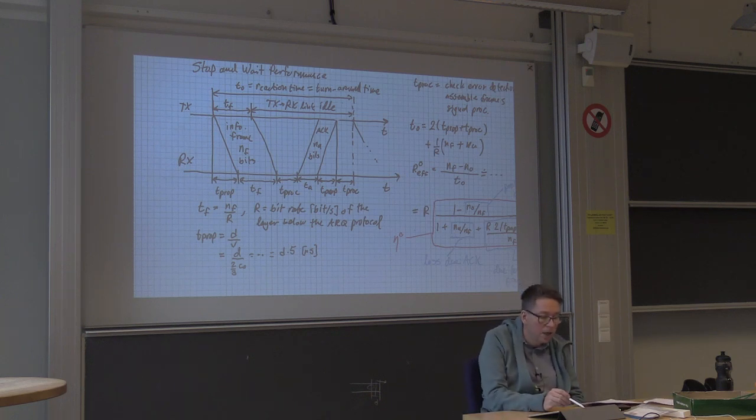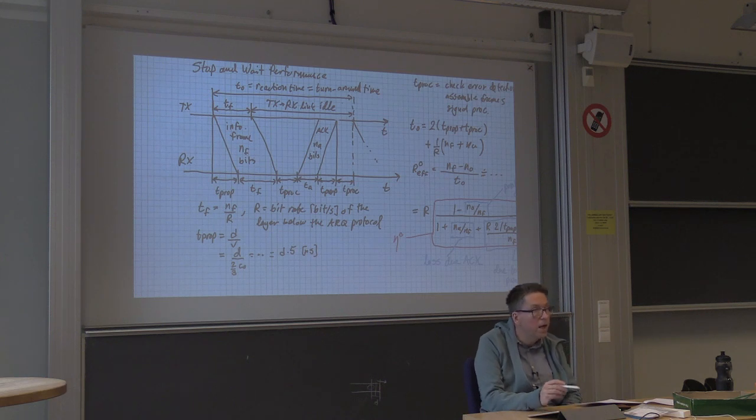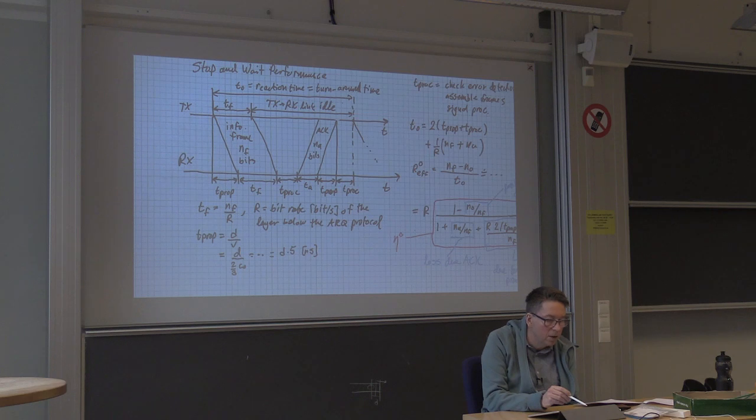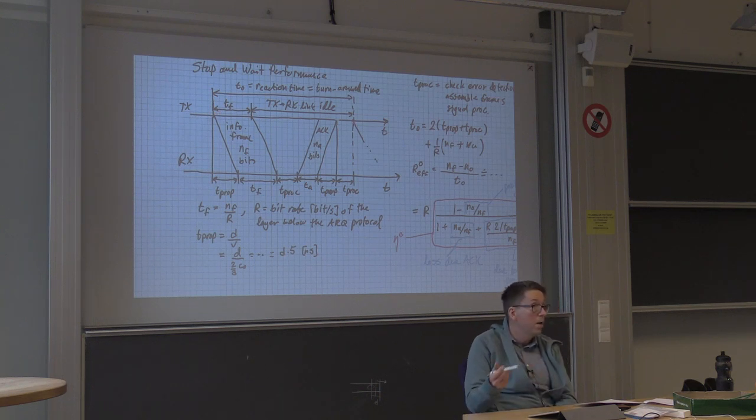Okay, so what happens then if we assume that these frames are actually in error? If there is an error in this frame, there will be no acknowledgement, and we will have a retransmission of the same frame after the timeout time. And then we will have a new transmission, and maybe this one goes over the channel, or maybe this one is also lost.